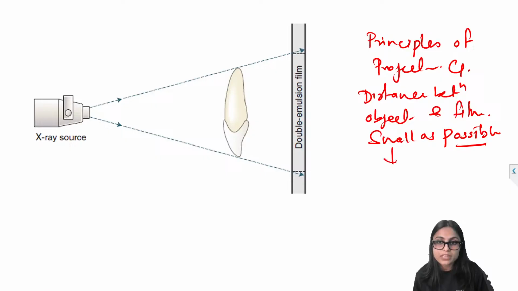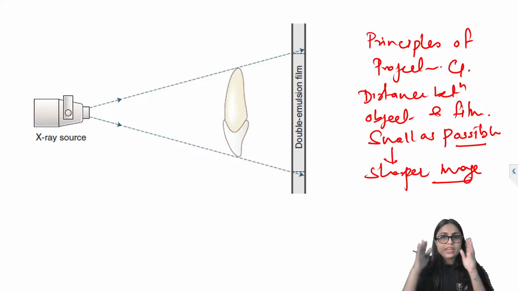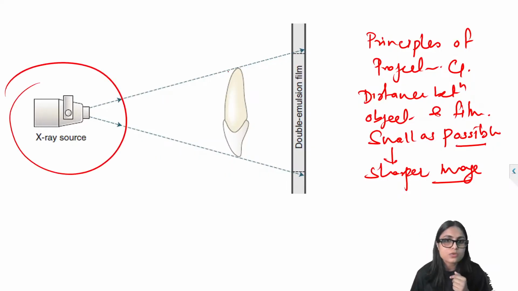To get a sharper image. Okay. Now, when we use double emulsion film, there will be an emulsion layer on both sides of the film. Correct? So this is the X-ray source. This is our object. This is the double emulsion film. This is the first layer. This is the second layer of emulsion.